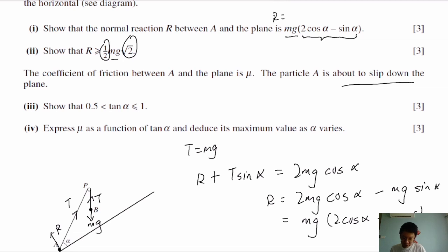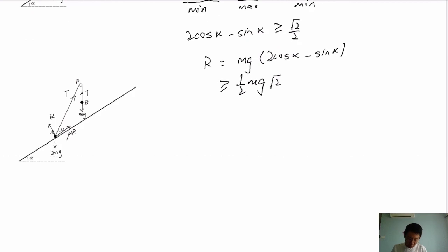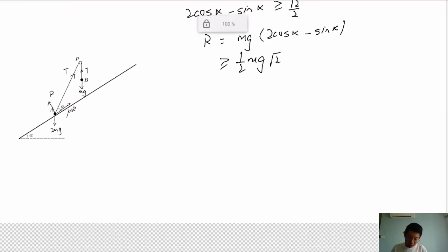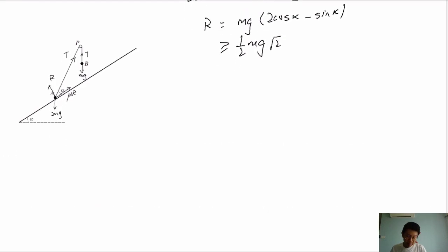So how do we see this? We look at the situation where particle A is about to slip down. It means that there is a friction going up the slope, as you can see here.